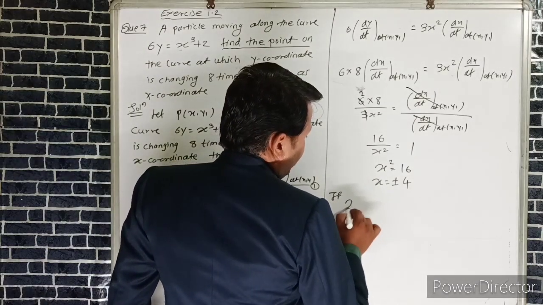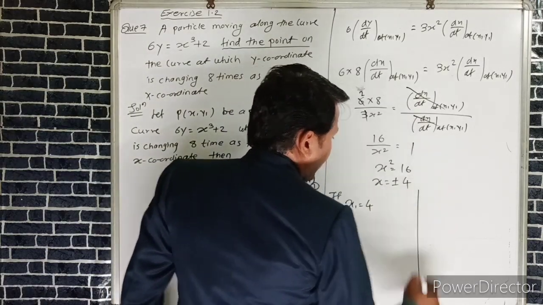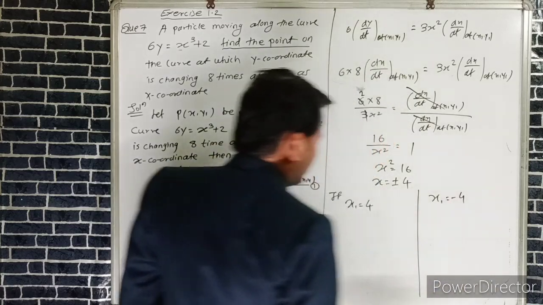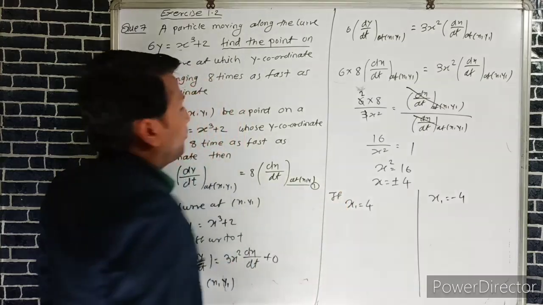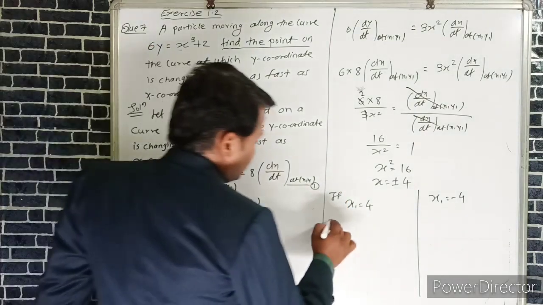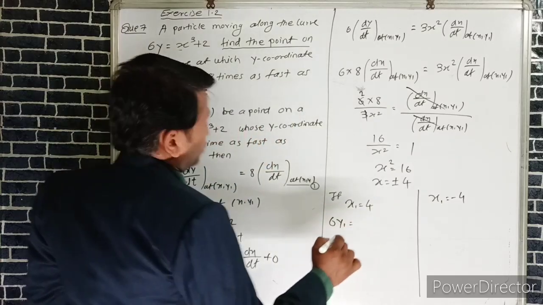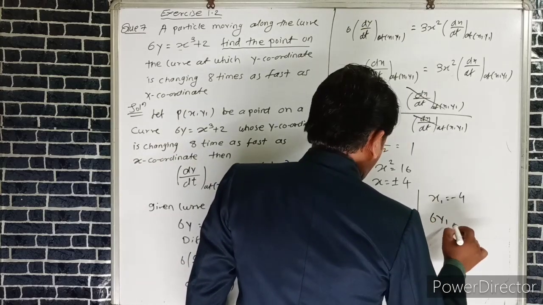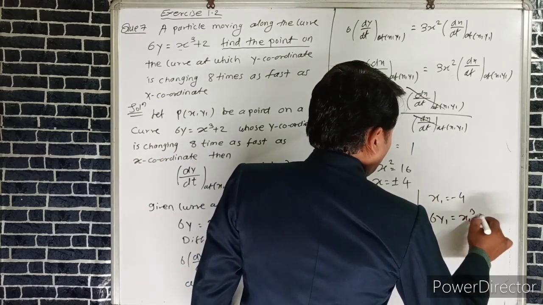If we take the value of x1 as 4, and x1 is also minus 4, then we can put the value of x1 in the equation 6y1 equals x1 cube plus 2.